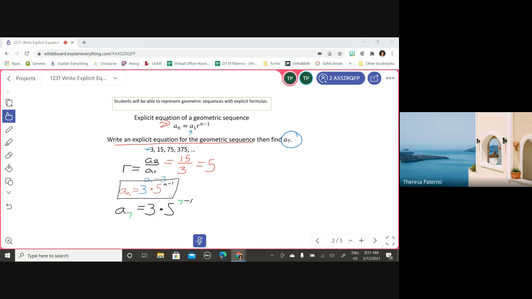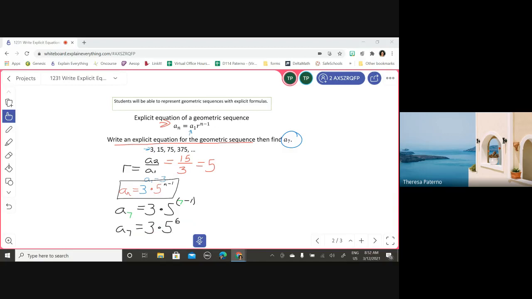It's been a while since we did this, but since that 7 minus 1 is in superscript, there's an understood grouping symbol around it. In other words, you're going to do this as if there were parentheses around it, first in your order of operations. So 3 times 5, and 7 minus 1 is the power of 6.